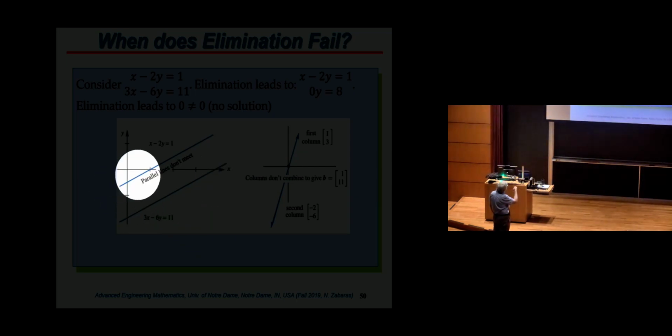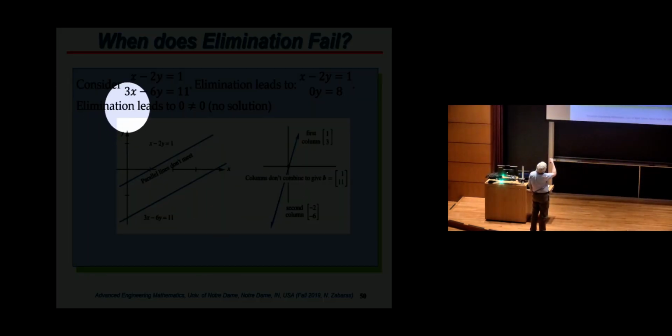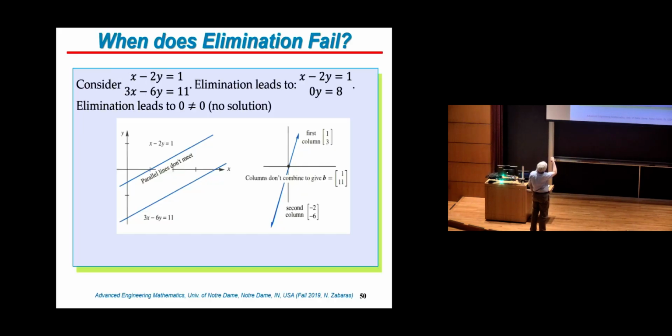Again, you can see if you take the 2 equations, which correspond to the rows, they are 2 lines that are parallel to each other. So these equations don't meet, and there's no solution. But also, if you look at the columns, they are in the same direction. Column 2 is minus 2 times column 1.